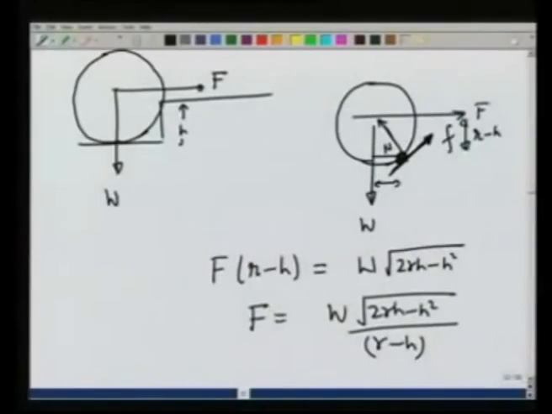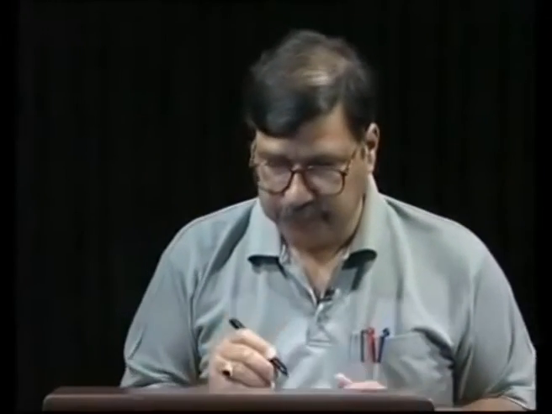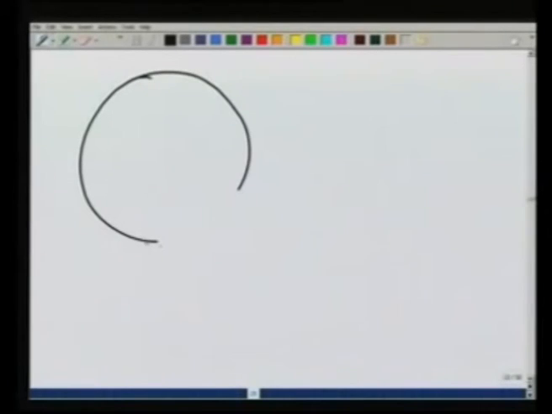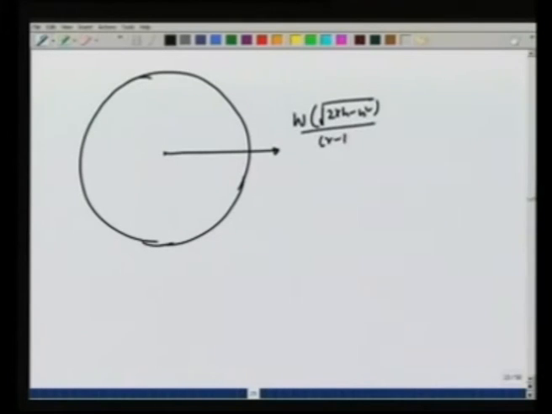What about the frictional force f and the force N? Let us calculate those also. So, you see now in this problem I am applying the torque equation first and the forces equation later. Let me make this big, and now we see that this force is W times square root of (2Rh minus h square) over (R minus h).